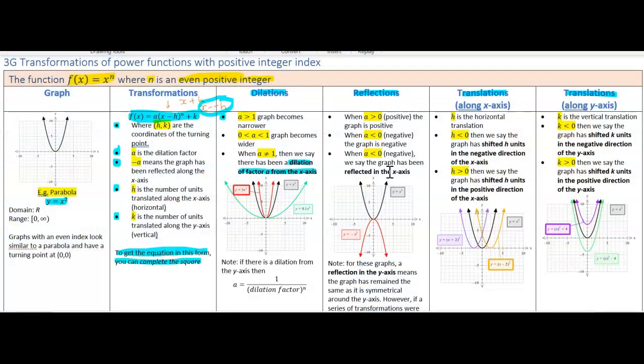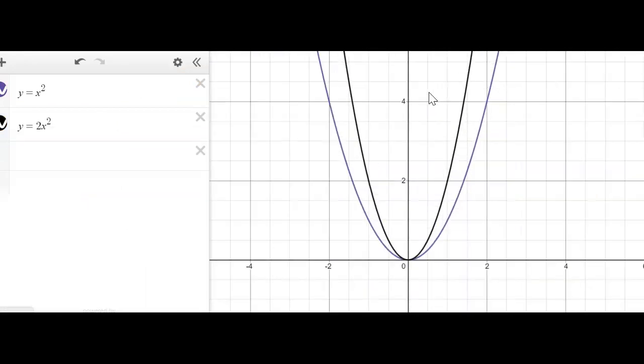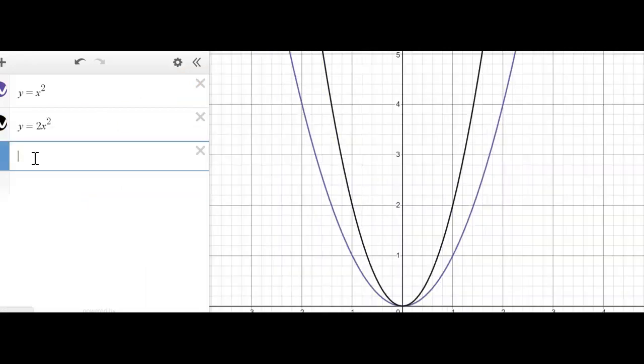So when A is greater than 1, it becomes narrower. So it's kind of going closer to the y-axis. Now, if A is between 0 and 1, it becomes wider. So let's go back to our Desmos screen. Let's make it a little bit easier to see. I'm going to do y equals 0.5x squared, as we had in our notes.